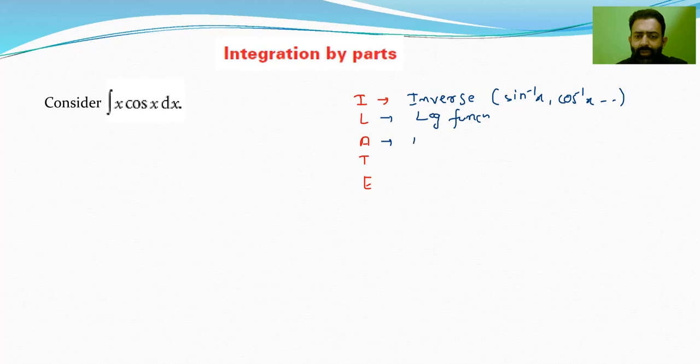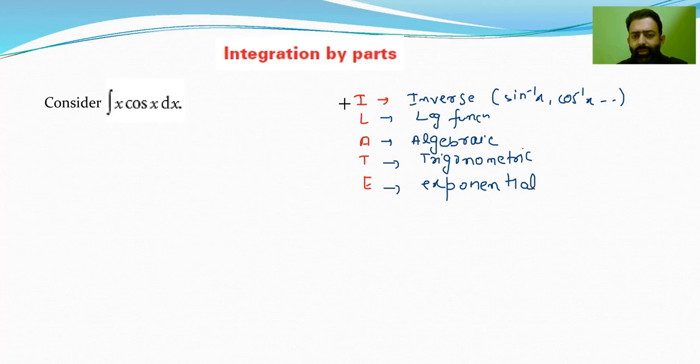A stands for algebraic, T stands for trigonometric, and E stands for exponential function, like e raised to power x, e raised to power 2x, and so on.